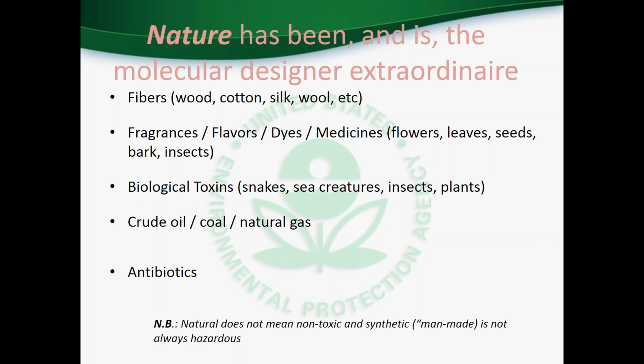One thing to remember: natural does not mean non-toxic, and synthetic, man-made, does not always mean hazardous. As toxicologists and chemists working together, what we need to have as our central rallying cry is the structure-hazard relationship. It doesn't matter where the compound comes from.